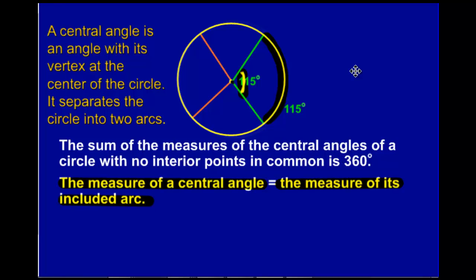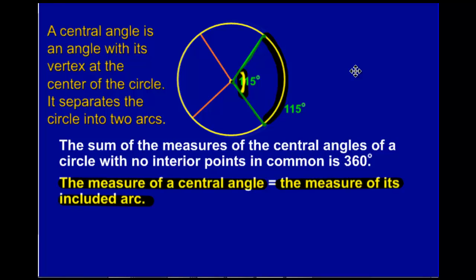Now, one of the questions that you can ask is, how do we know what it means for the included arc? The way that you can identify that is go to your vertex and follow the two sides of your angle out to the side. Where does that hit the circle?